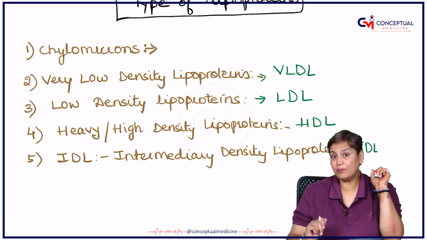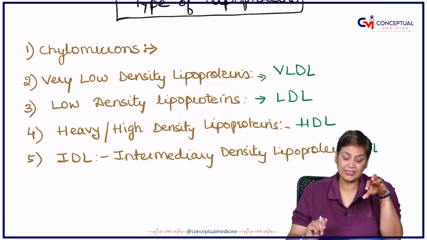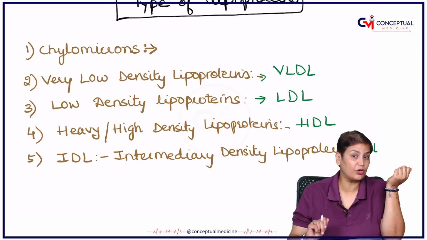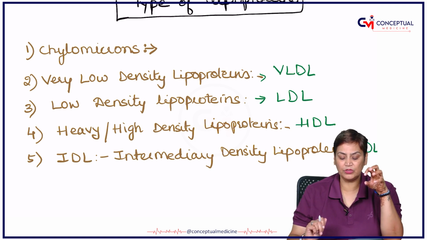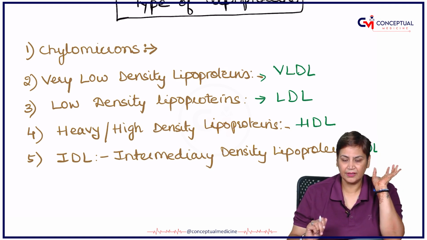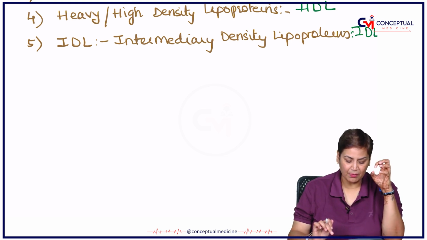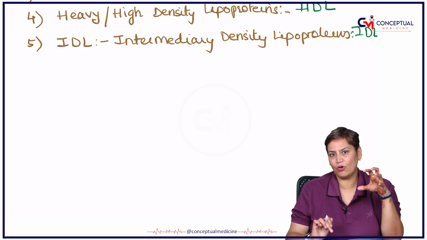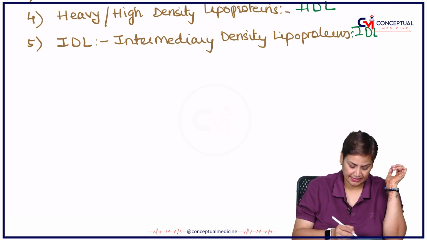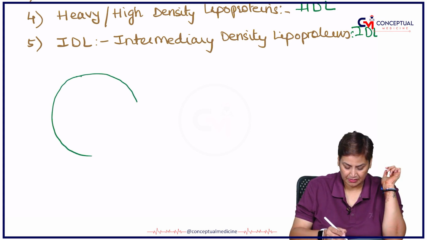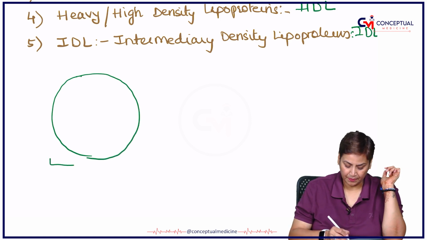The second important thing to remember here is, obviously there will be a difference in the composition of lipid or the composition of the proteins. Always remember these chylomicrons are the biggest in size. Chylomicrons have a very big size.